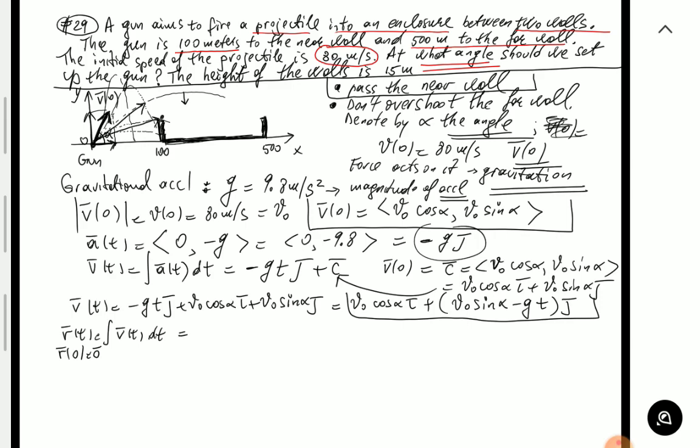Moving on, we integrate the first component, so that's v naught cosine of alpha t, scalar multiple with i. Now integrate the second parenthesis in terms of t, that's v naught sine of alpha t minus gt squared over 2 j.